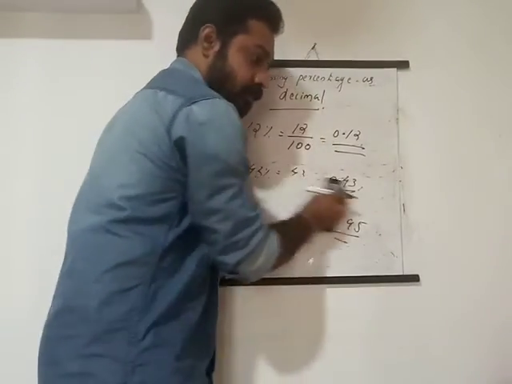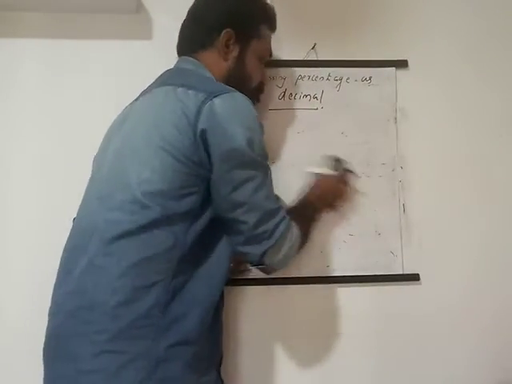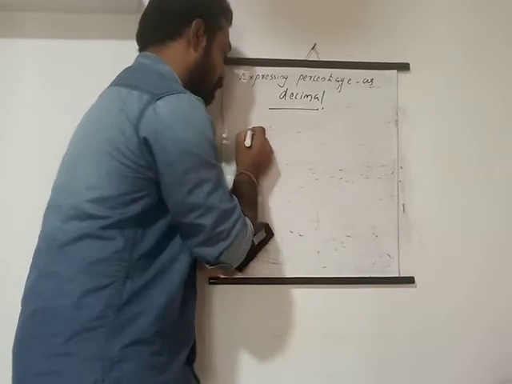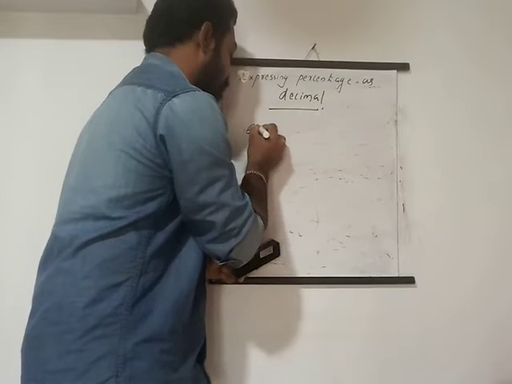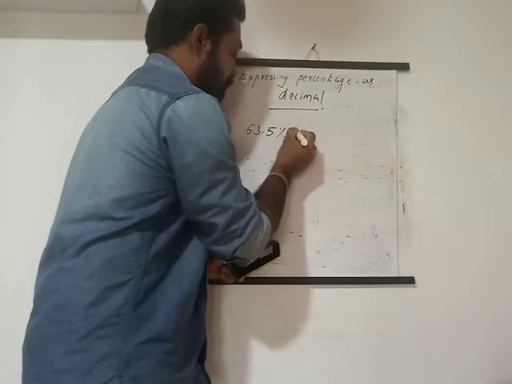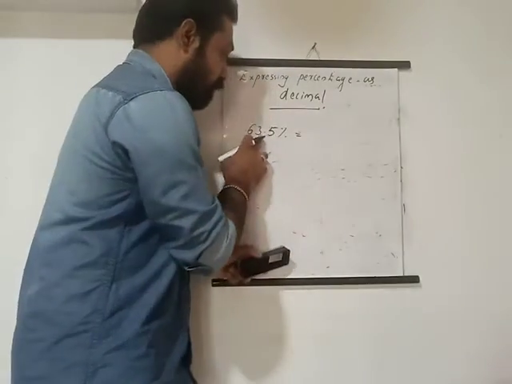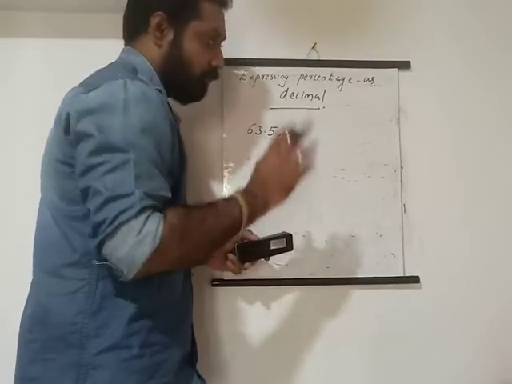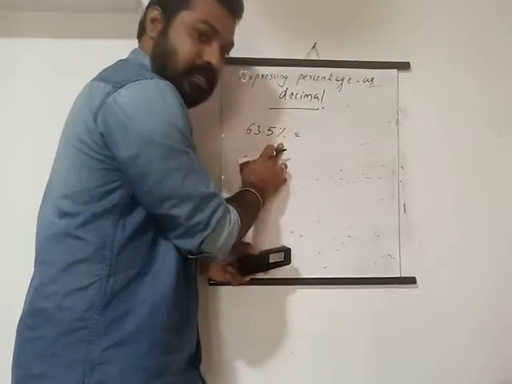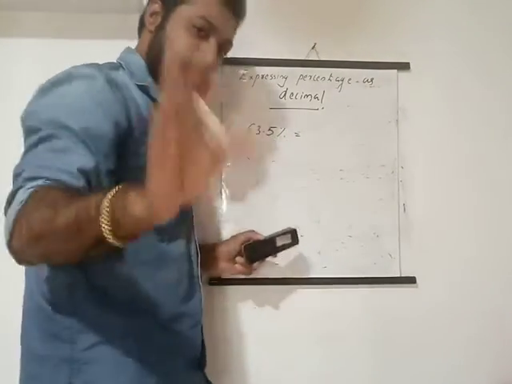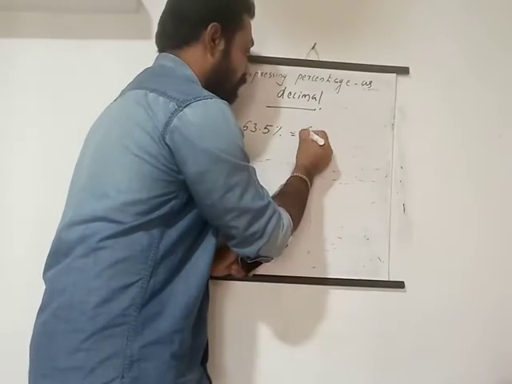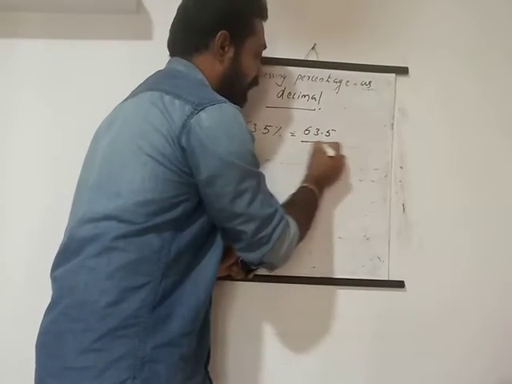Now one more thing. Maybe the question has a decimal number. For example, we can write 63.5 percent. This is already in point form, but don't forget it is a percentage. This sign is there, which means it is a percentage. So we have to write 63.5 divided by 100.